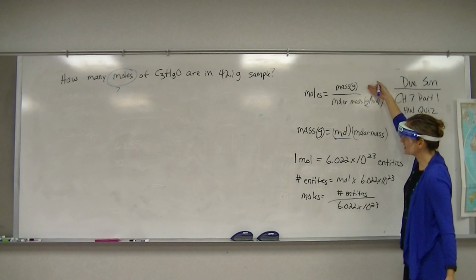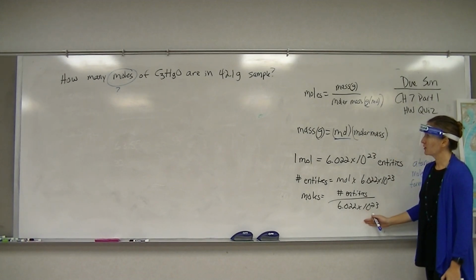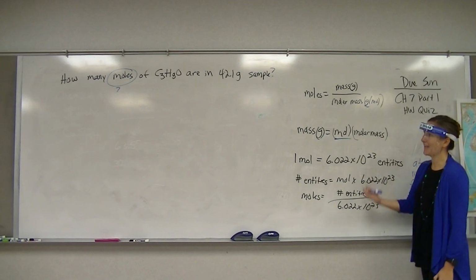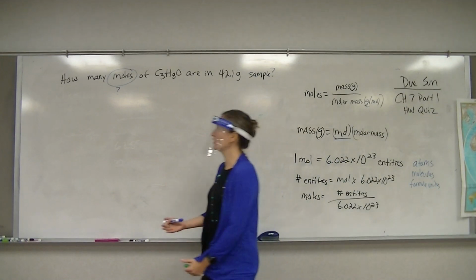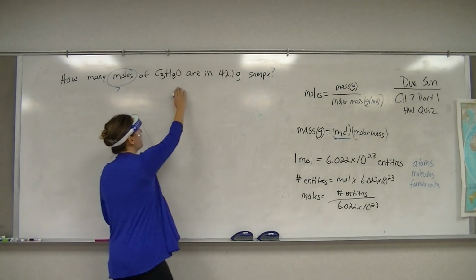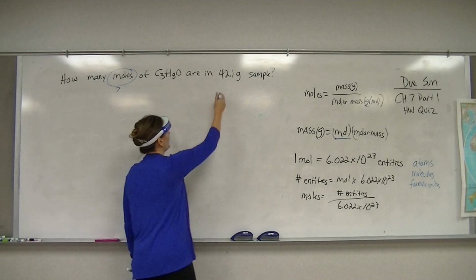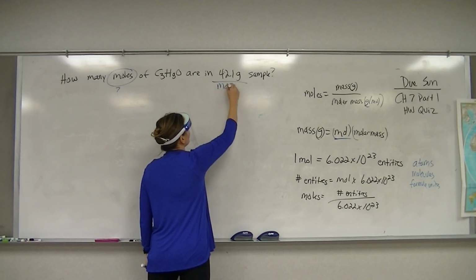So it's either going to be this top one or this very bottom one. So to figure out which one, look at what they gave us. What piece of information? What's our known? Well, they gave us the chemical formula, but they also gave us 42.1 g, and that's grams. And grams is a mass.